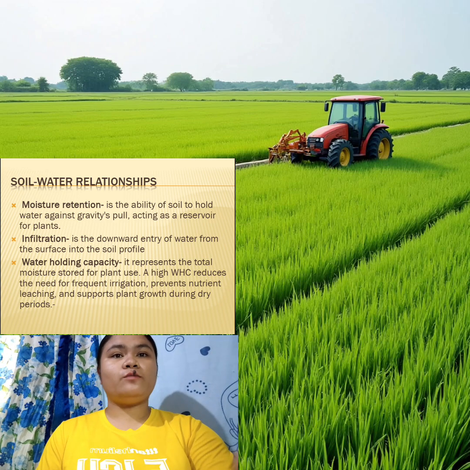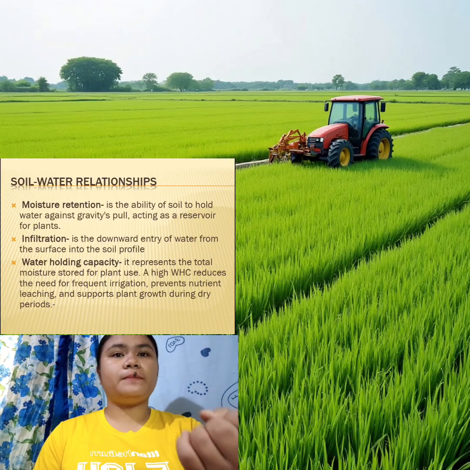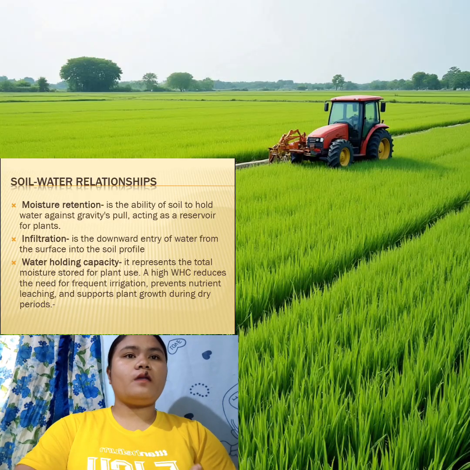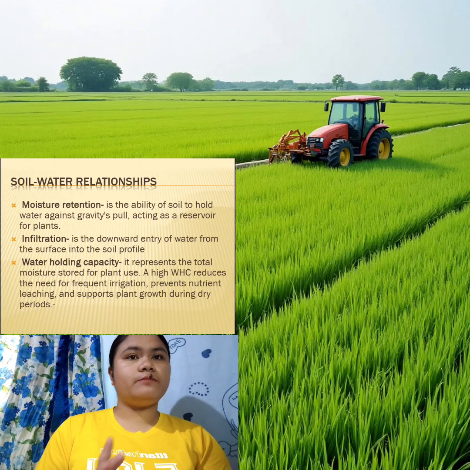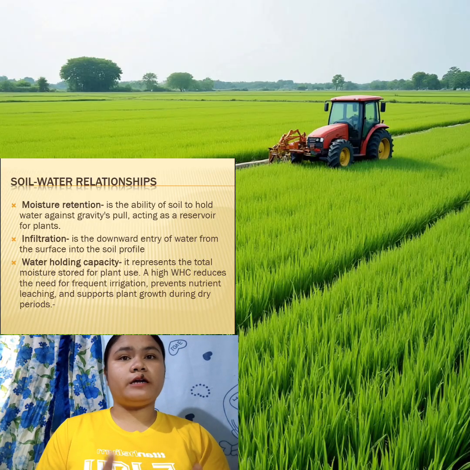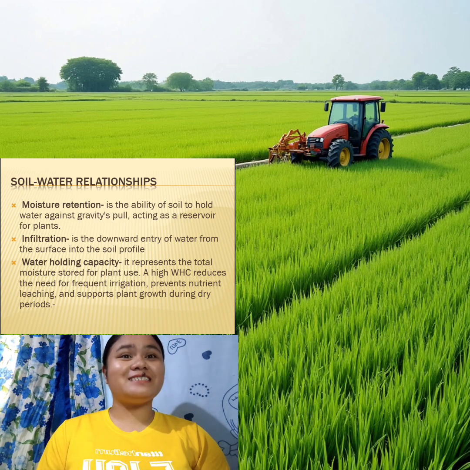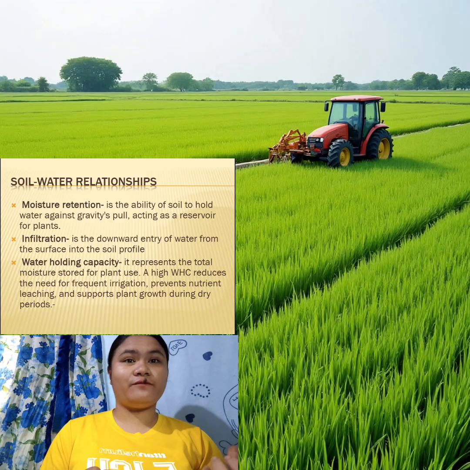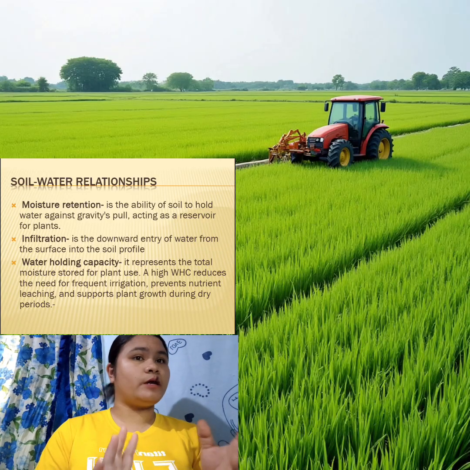The third is the water holding capacity, or the WHC. Water holding capacity, or WHC, represents the total moisture that a soil can store for plant use. A high WHC means the soil can hold more water, reducing the need for frequent irrigation. High water holding capacity can also prevent nutrient leaching, where important minerals are washed away by excessive water, and supports plant growth during dry periods.